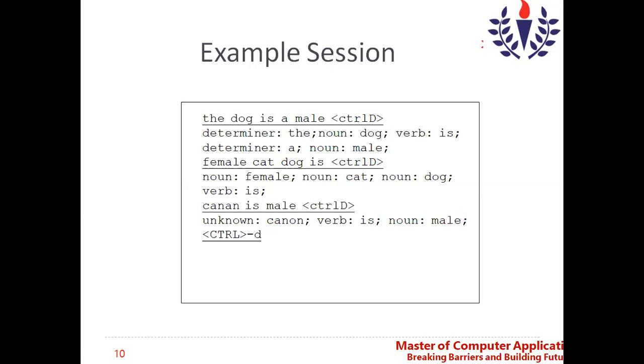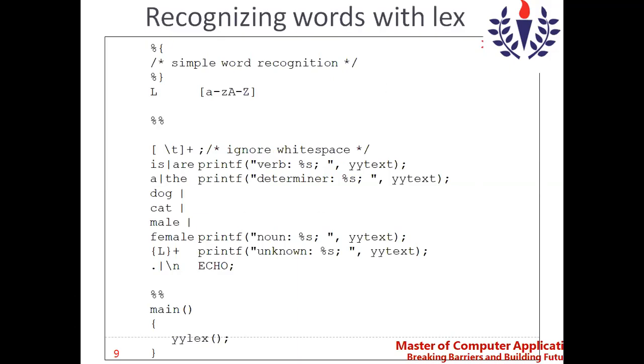But in this program, if you look at it, the verbs are not only is and are. There are plenty of verbs we have. In order to match with those verbs, we have to include those patterns.